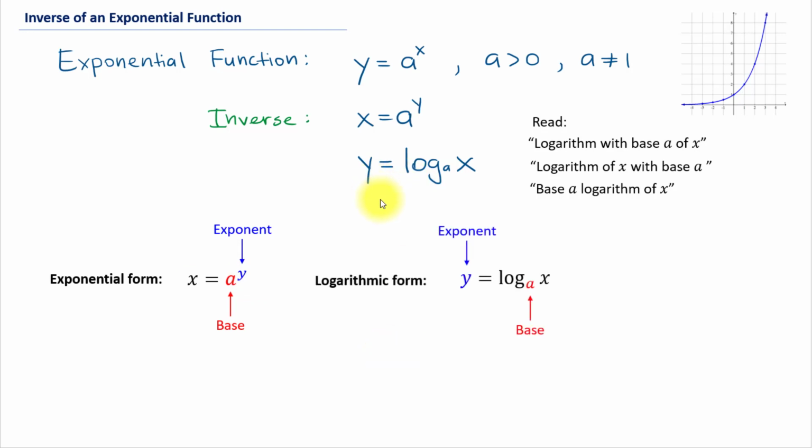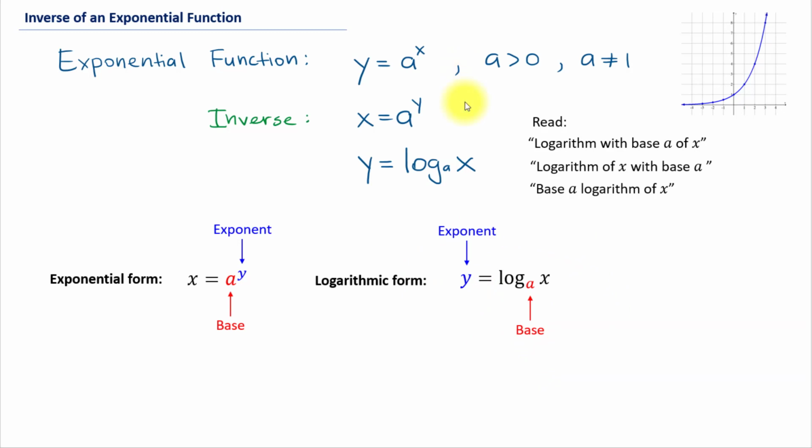When we switch to the logarithmic form, all roles are preserved. Y represents the exponent, a represents the base and it's called base, and x is still the result of taking base a and raising to the power y. And overall, we can see that the logarithm itself, with its base and x right next to it, represents or equals a power. Keeping all this in mind will help us successfully work with logarithms.